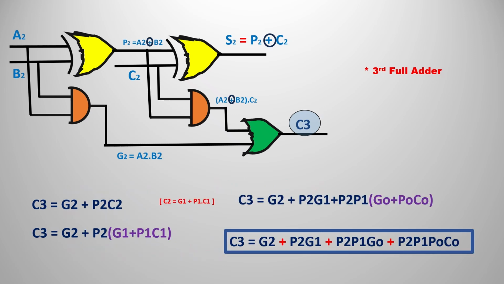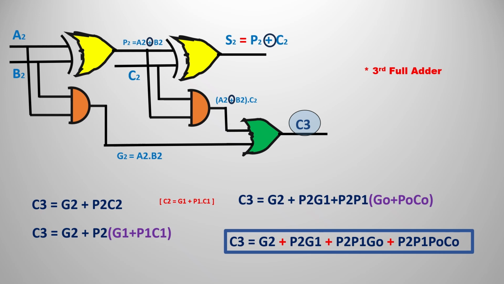For the construction of the 4-bit CLA, we are going to have the third full adder. We already saw 2 full adders. In this third full adder, we look at the carry C3. The C3 output would be G2 plus P2 into C2. We already know G2 is equal to A2 into B2 and P2 is equal to A2 XOR B2, because we are passing A2, B2 as inputs, and we take the third input as the previous carry, that is C2, the carry from the previous second adder.